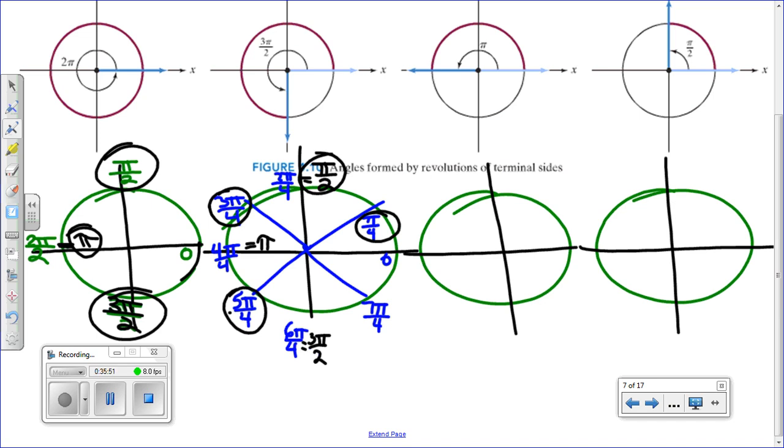Leave that blank for next class. Okay, you're only going to use the first circle. I'll tell you what the second circle is for in a minute.